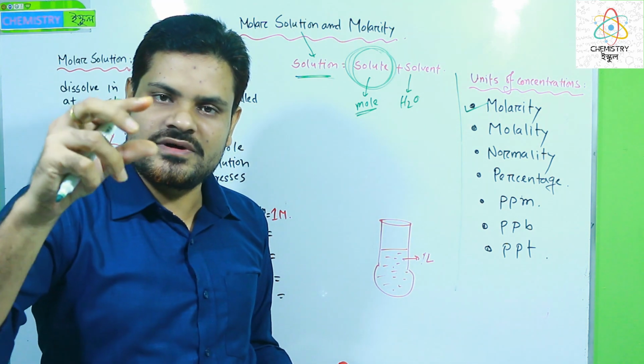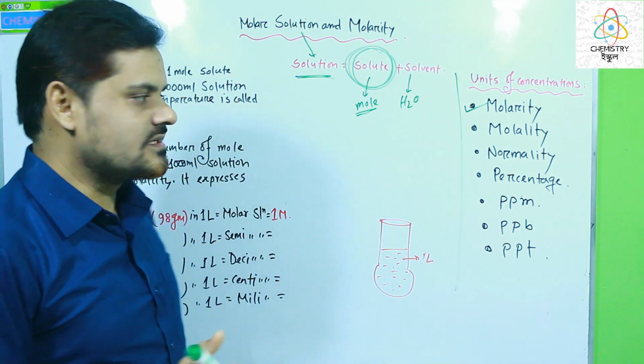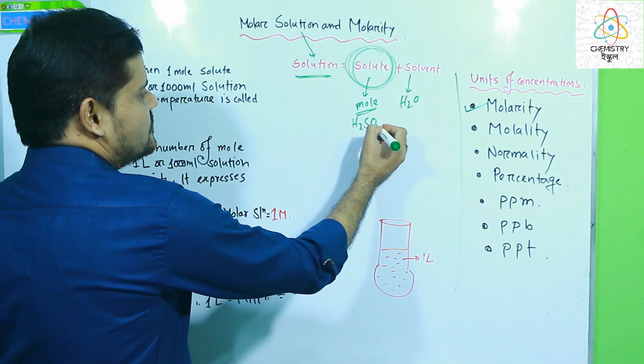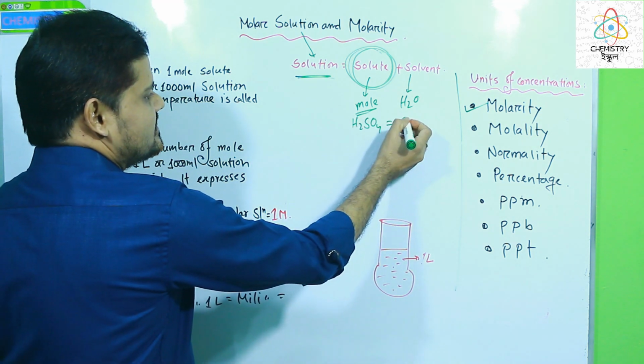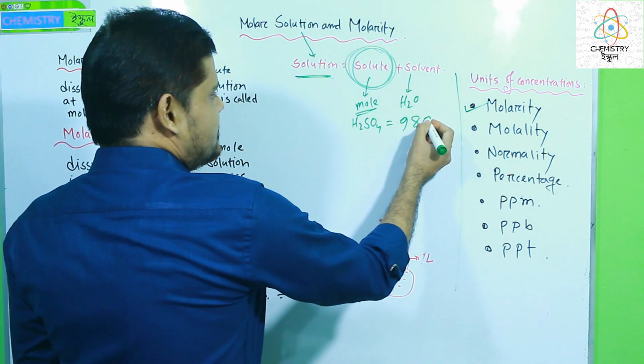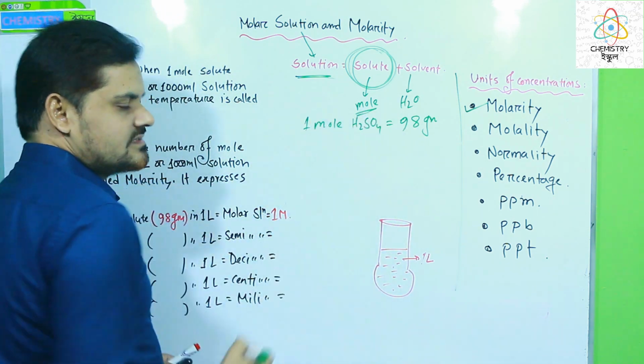When we express the molecular mass in gram, it will be the mole of that substance. Look at this: the formula of sulfuric acid, dear learners, is H2SO4, and the formula mass is 98. If we express this 98 in gram, then we can write 1 mole of sulfuric acid.